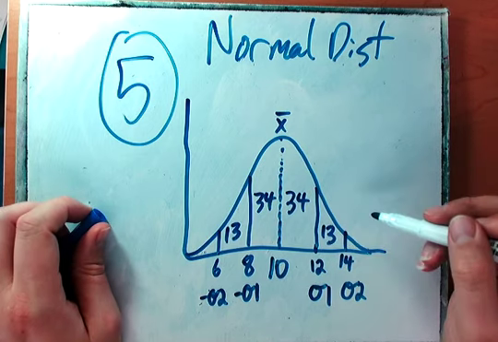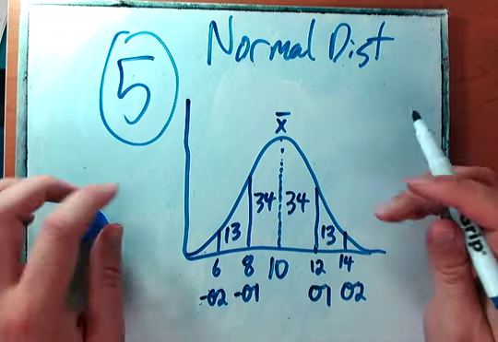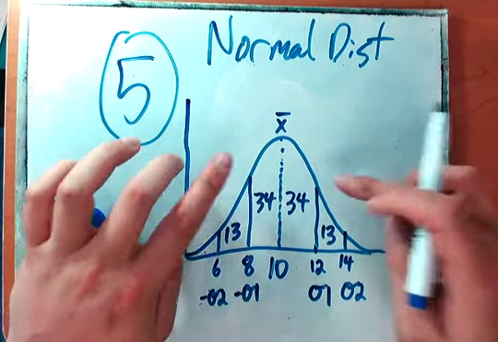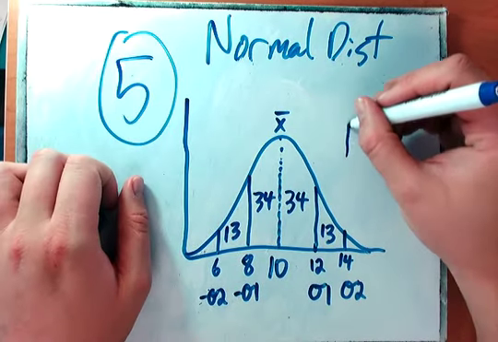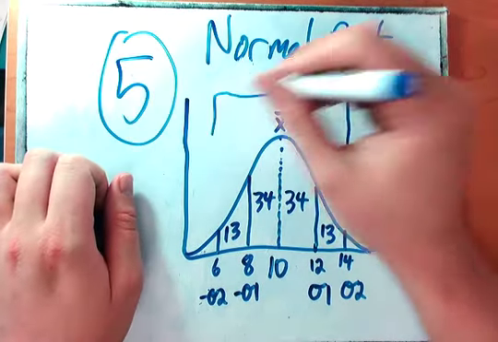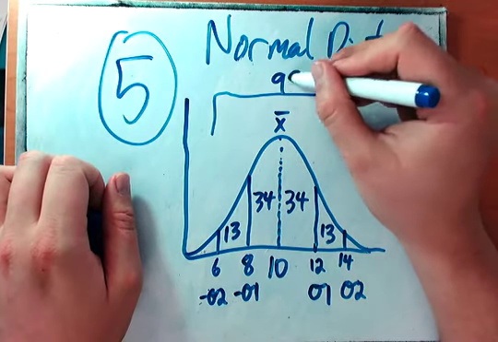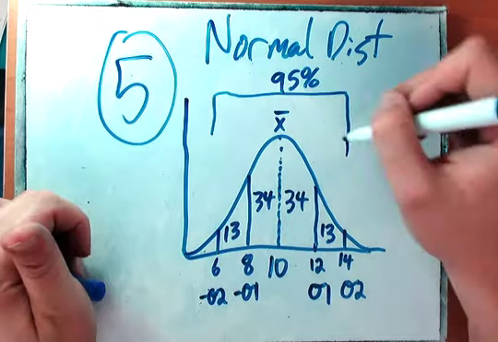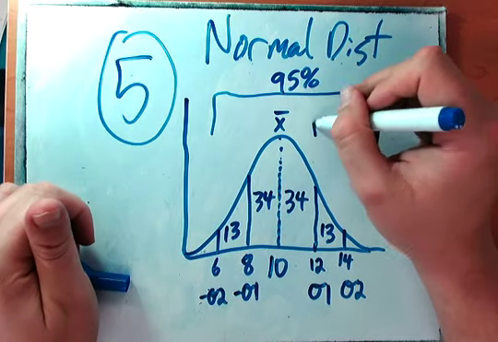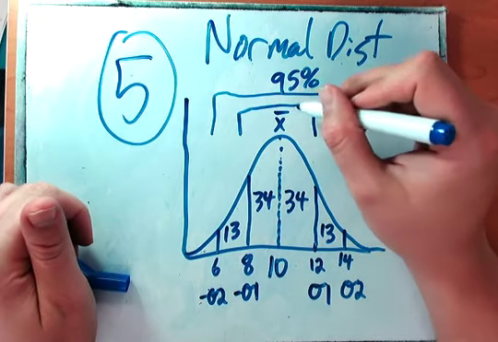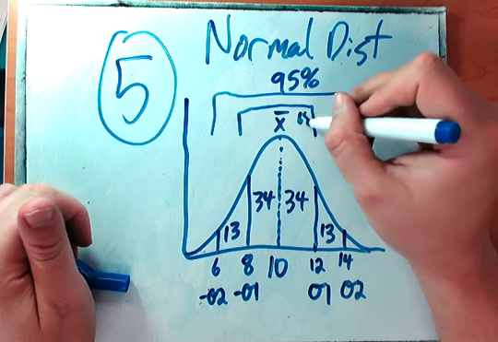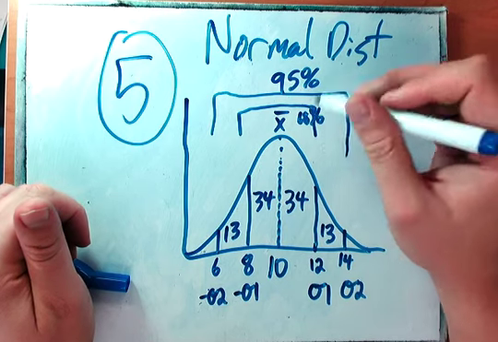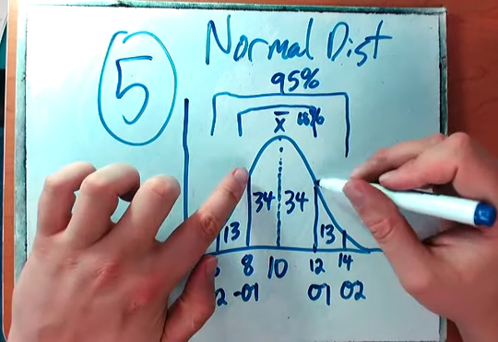This is about 13% of people. And so all in total, from here to here, 95% of people exist within 2, and 68% of people exist within 1 standard deviation of the mean.